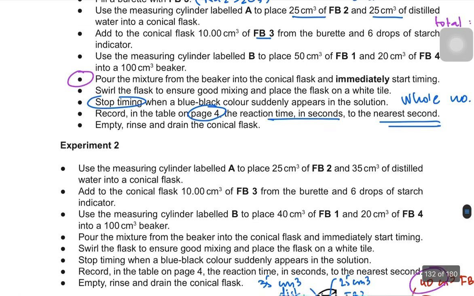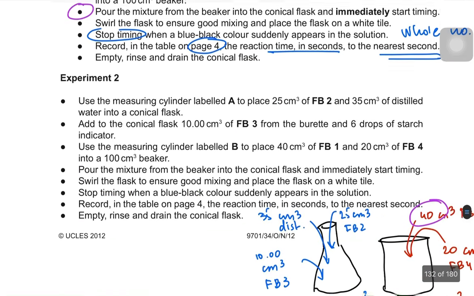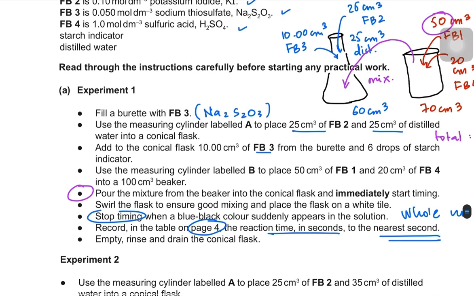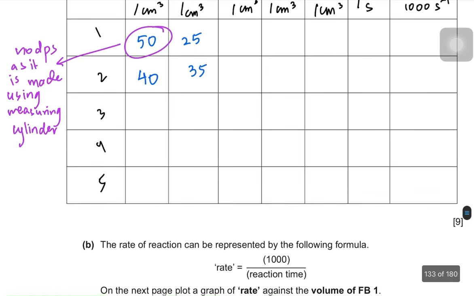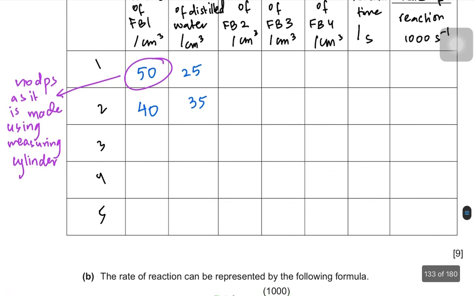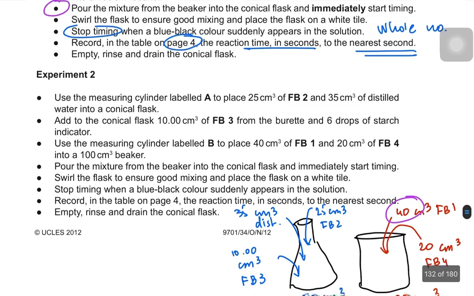Another thing to keep in mind is how we'll keep the total volumes the same. Generally an increment or decrement of 5 or 10 is very ideal. So my other experiments are going to involve the same volume of FB2, FB3, and FB4.